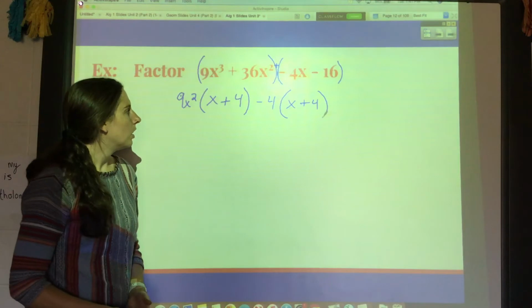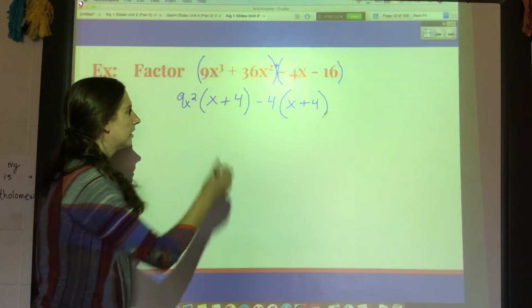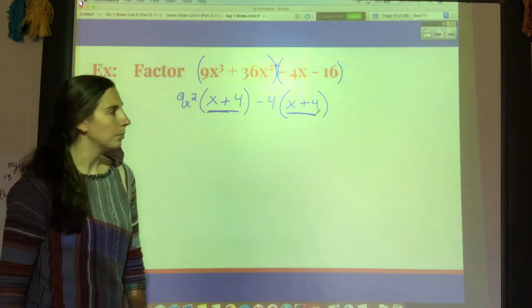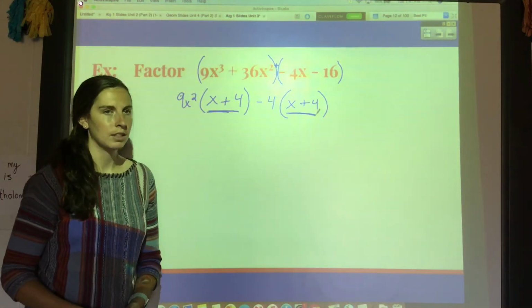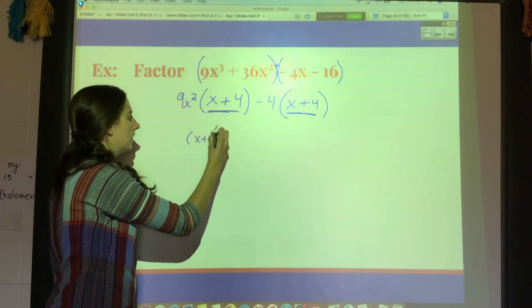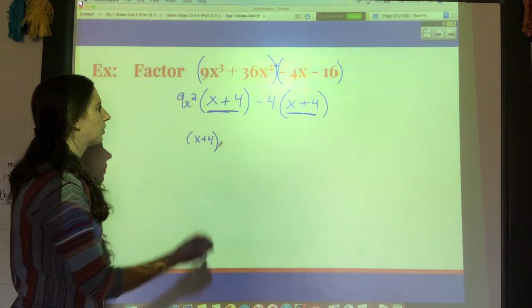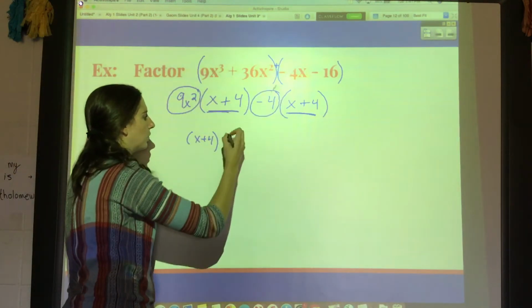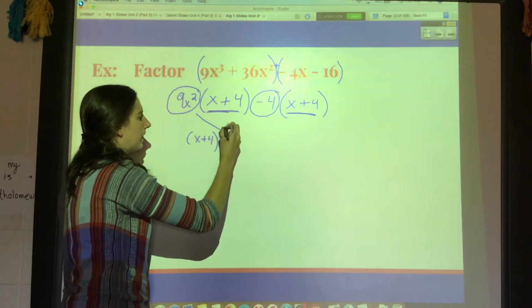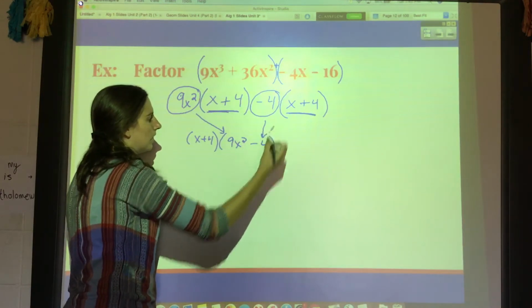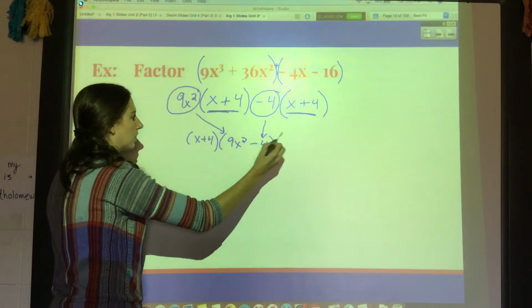Okay, so you may notice that this and this are actually the same, and that's good, that's what I wanted, and that is one of my factors. The other factor comes from combining 9x squared minus 4. So put that here, 9x squared minus 4, and these are my 2 factors.